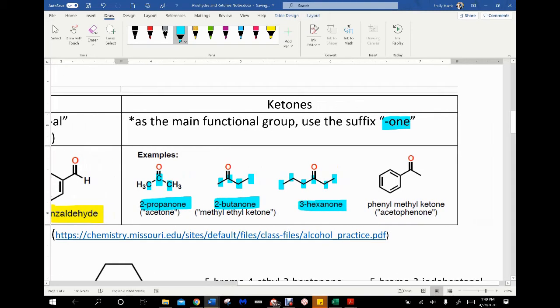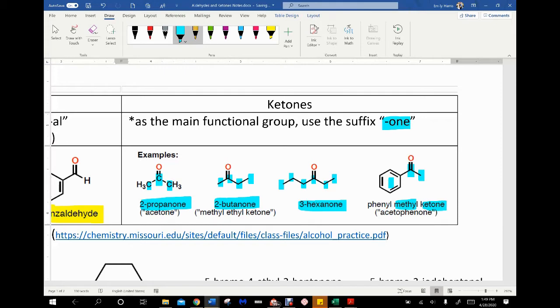And then we also have another group where we've got our ketone here, and it's attached to a benzene ring. In this case, the benzene is treated as a substituent, and it's called a phenyl group. And what you'll notice that sometimes happens is just like we did for the ethers, where we named one side and then the other side. That's what's happened here as well, where they've named the phenyl group on the left, then the methyl group on the right, and they've just used the name ketone.